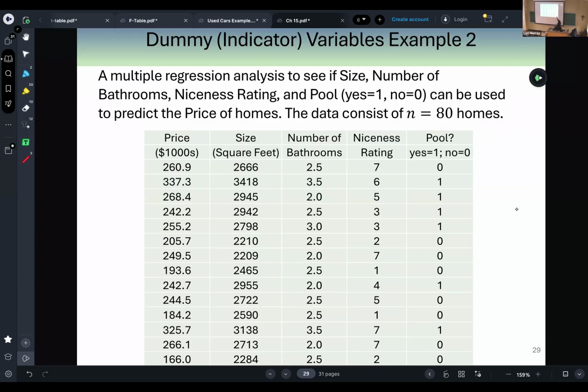So you can see it just has these 1s and 0s. But the niceness rating is continuous: the higher the number, the better the rating. The number of bathrooms is continuous too: is it 2.5 or 2 bathrooms, or 3.5, with half bathrooms and full bathrooms? And then here's the square feet, and then the corresponding price.